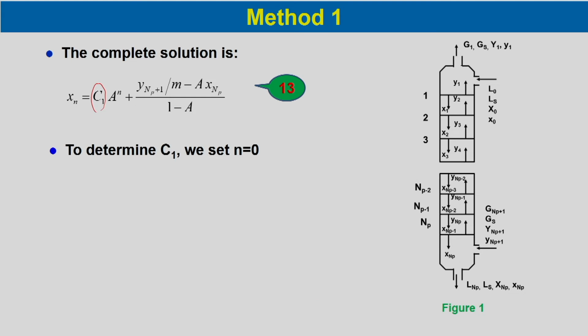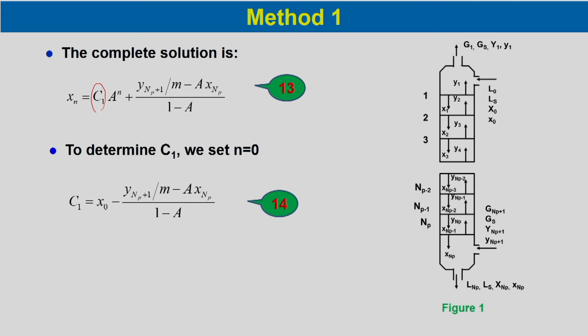To determine C 1, we set n equal to 0, and then C 1 would be equal to x naught minus y n p plus 1 divided by m minus a x n p divided by 1 minus a.